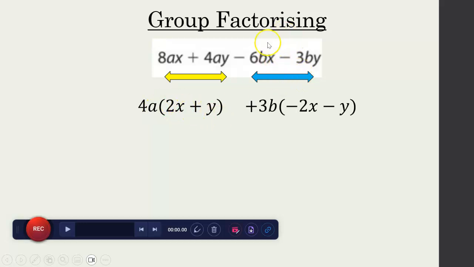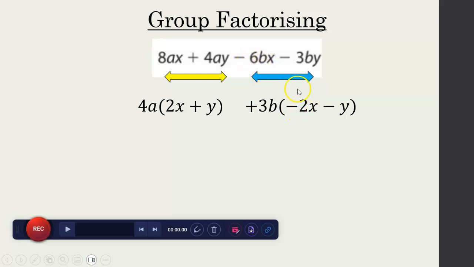Next bit. I have minus 6bx and I have a minus 3by. Now I chose to do plus 3b. So do you remember before with our previous example, I chose minus 8. Let's see why I didn't choose minus 3b here. So I'll choose plus 3b. Okay, first part. If I took out a 3b, that means I'm dividing this by 3b. What's going to be left over?